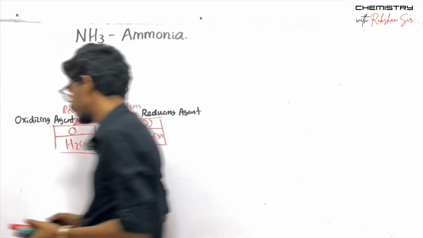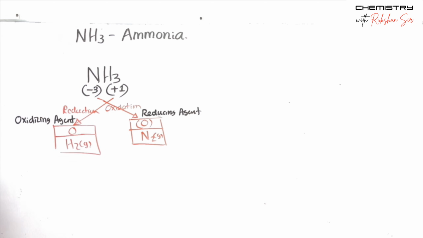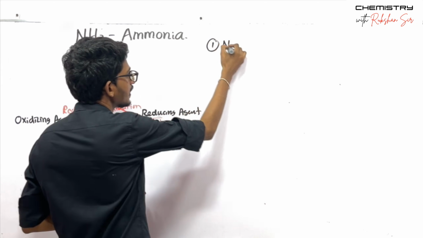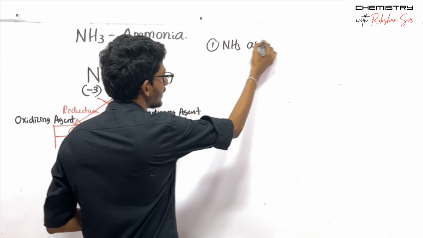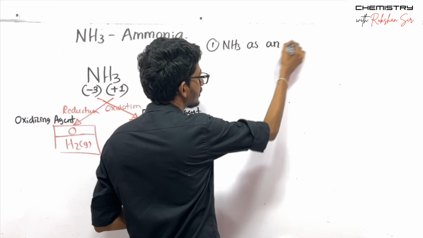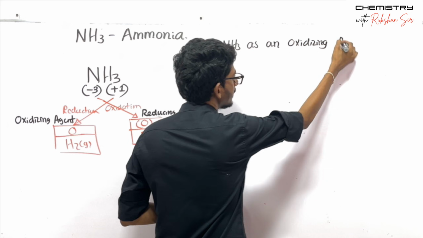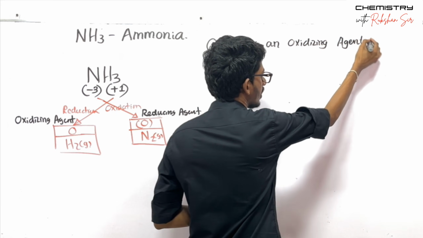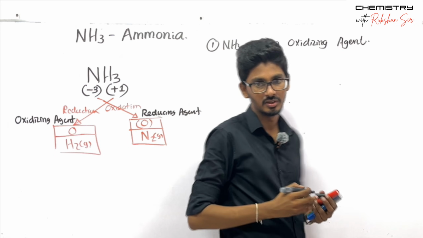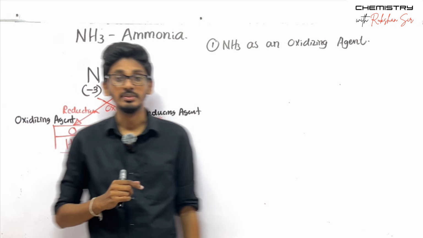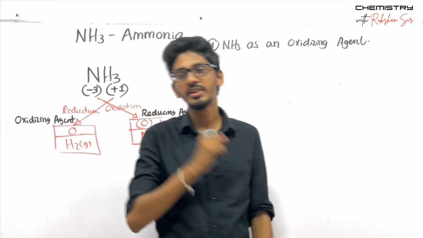First one. Ammonia as an oxidizing agent. NH3 as an oxidizing agent. So the exam asks questions like this.